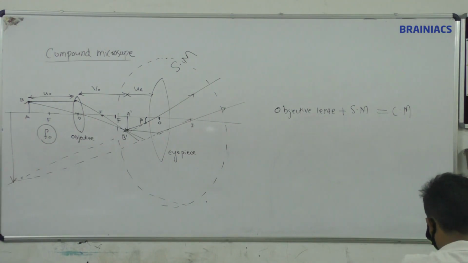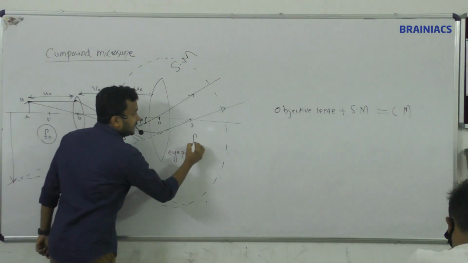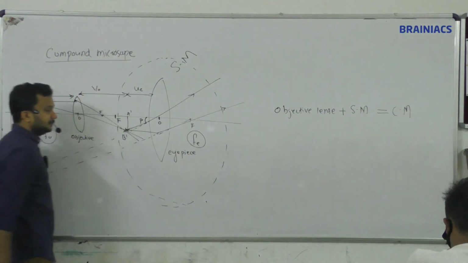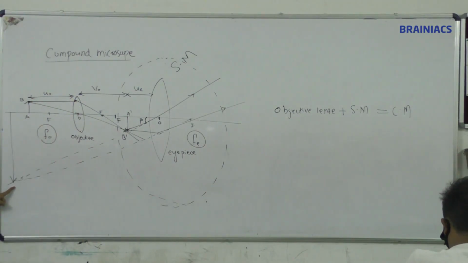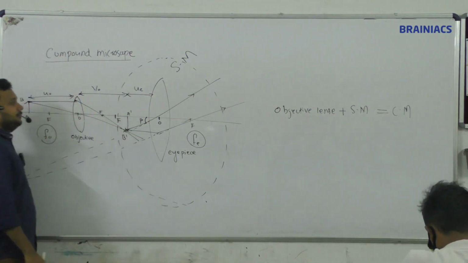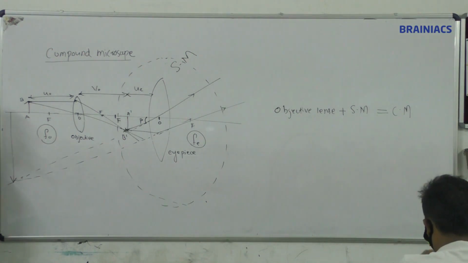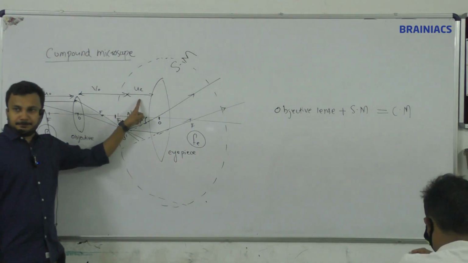Here, far away. That distance I don't know, so I am just not marking it. So below, write: focal length of the eyepiece lens is FE, and the object for the eyepiece lens is at UE.